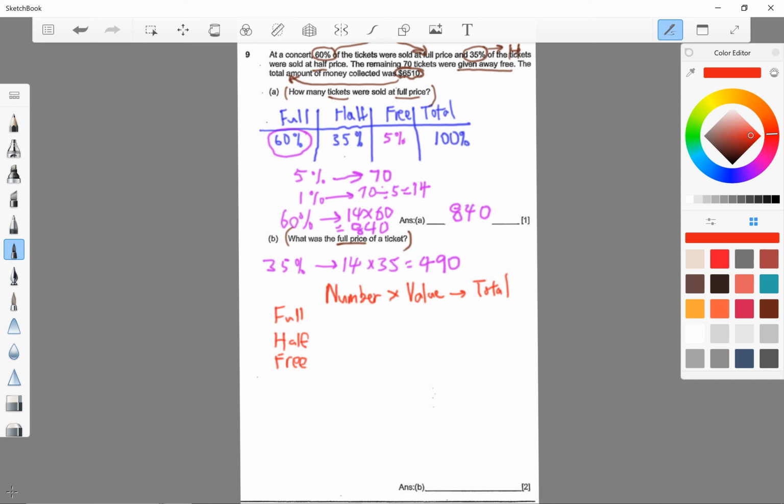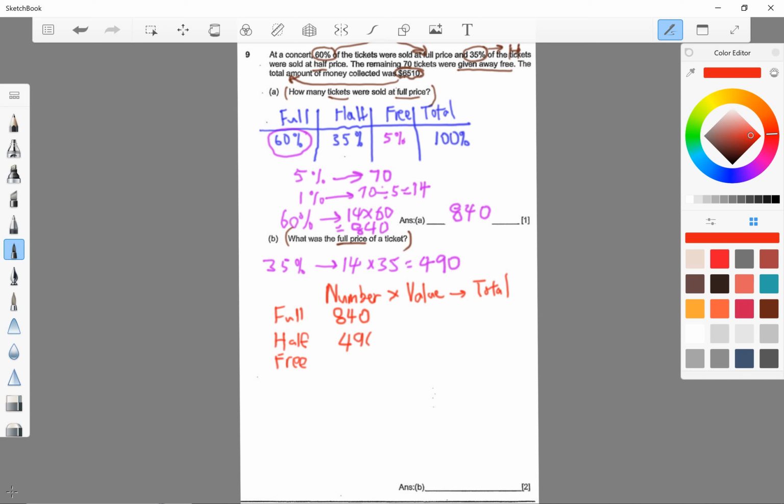But for this question, it's a very special case. We are going to be using units for the value column, so we will use actual numbers, actual quantity for the full, the half, and the free tickets. So full tickets, we discovered that earlier in our part A, and that is 840. Half price, we just found that out, 35%, and that is 490.